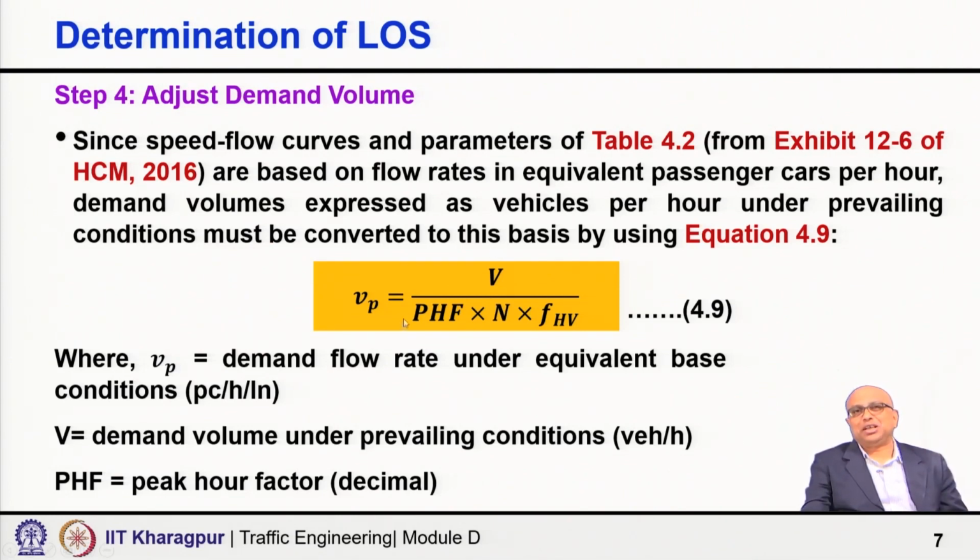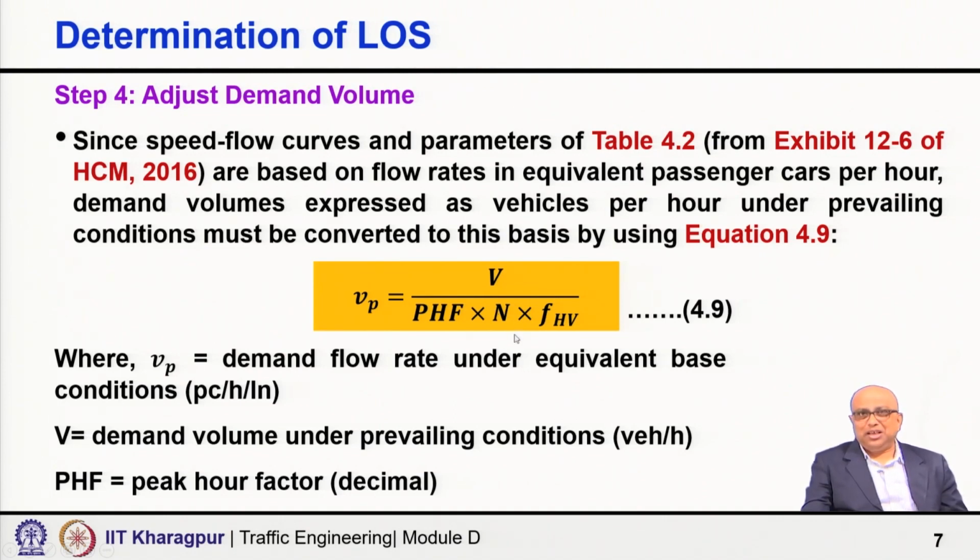So, the peak hour factor also will come. So, how are we converting the demand volume under prevailing condition to equivalent demand flow rate under base conditions, Vp, with the help of peak hour factor, also the number of lanes, because we need to express it in passenger car per hour per lane.